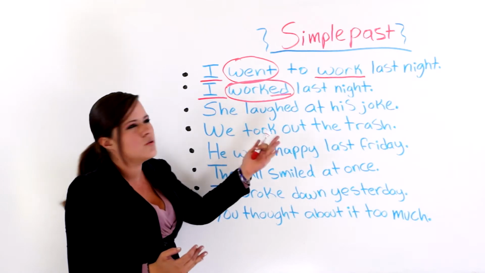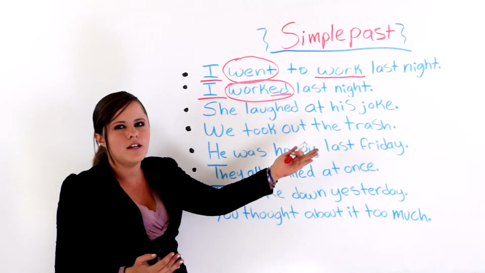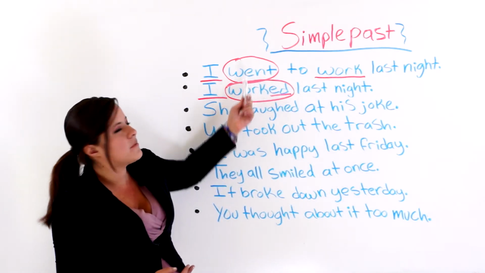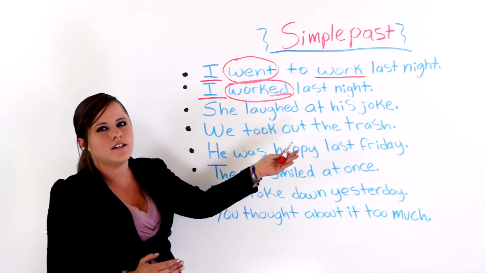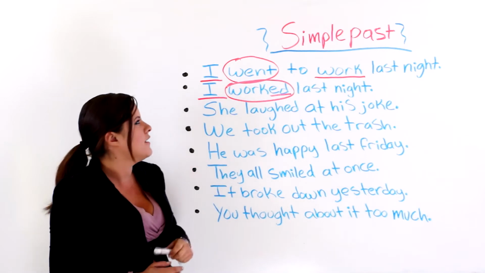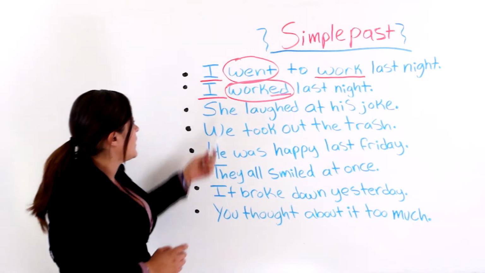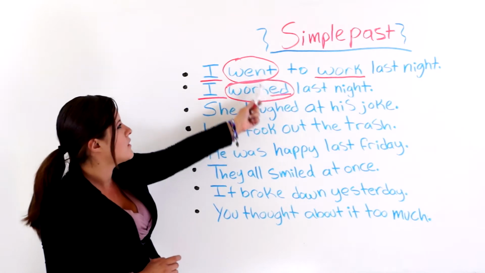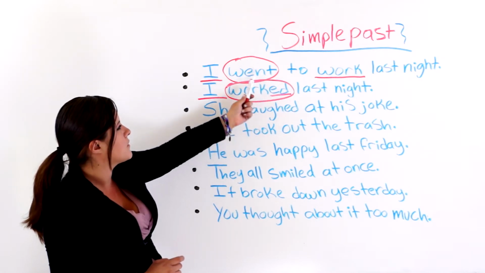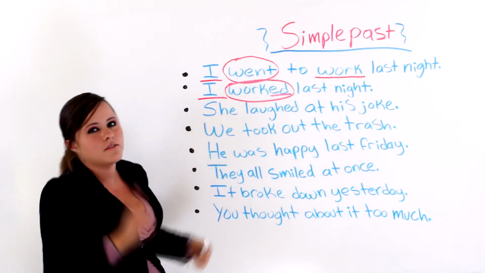Not I went to do exercised. Okay? Only the first one goes in past. I went where? To work. When? Last night. Simple past. Okay? The next one. I worked last night. The same thing. It says the same thing with different words. The verb you alter is the first one.